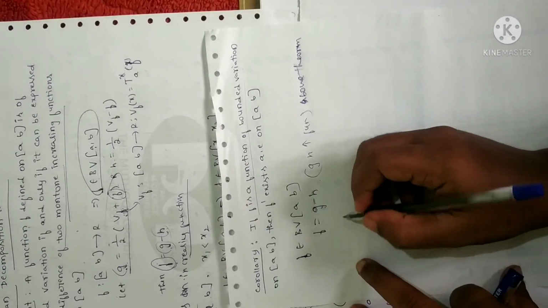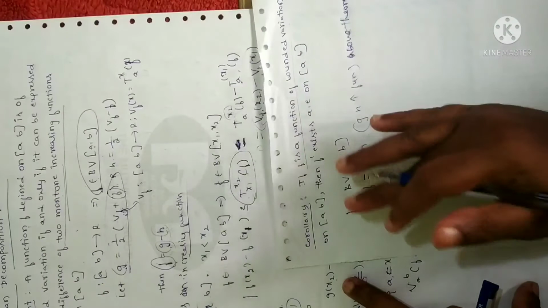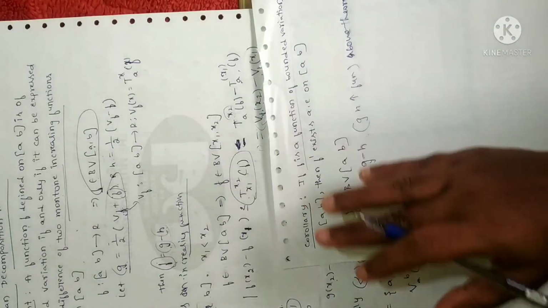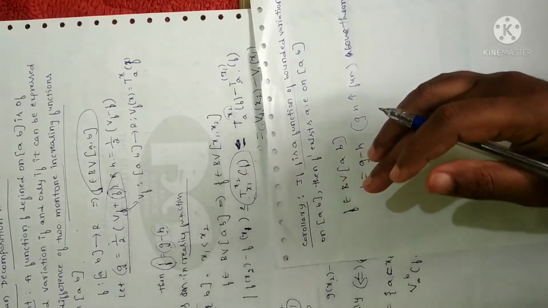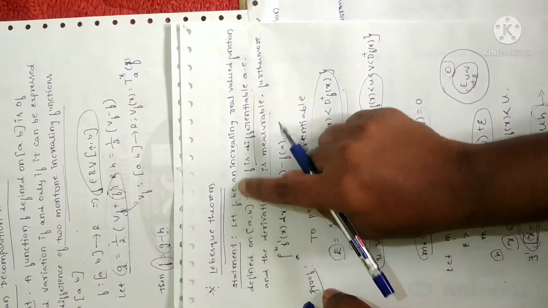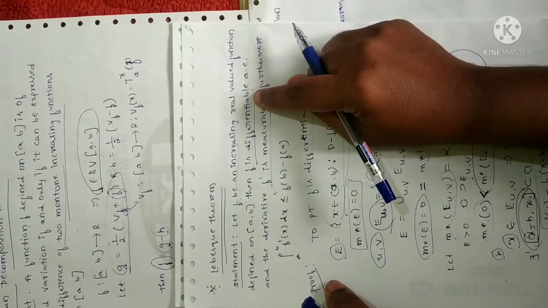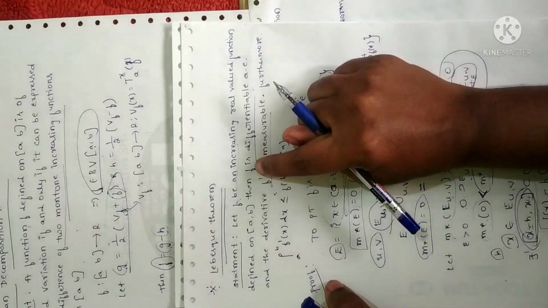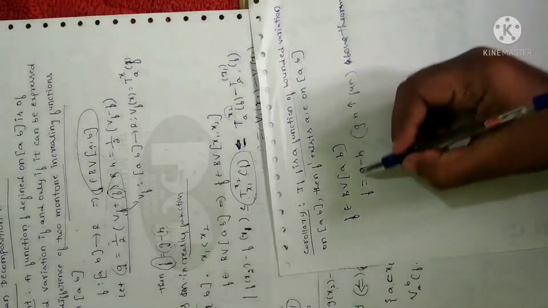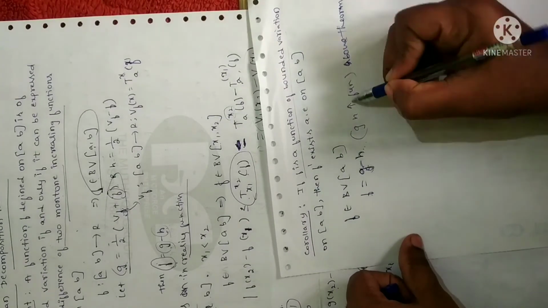Now by the Lebesgue theorem, which we proved previously, before this theorem, g dash and h dash exist. See the Lebesgue theorem, what it says: if f is an increasing and real valued function on [a,b], then f is differentiable, so f dash exists. Here g and h are increasing functions.